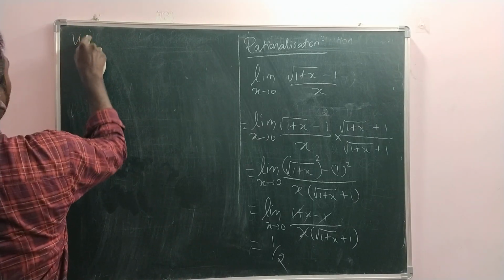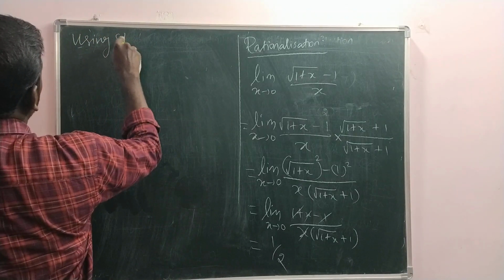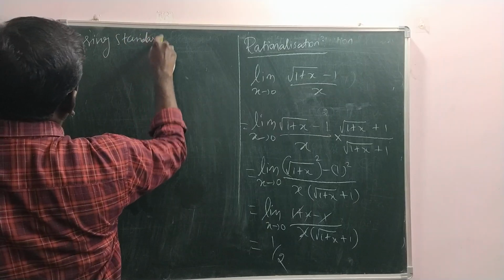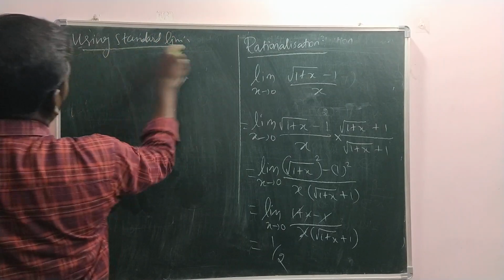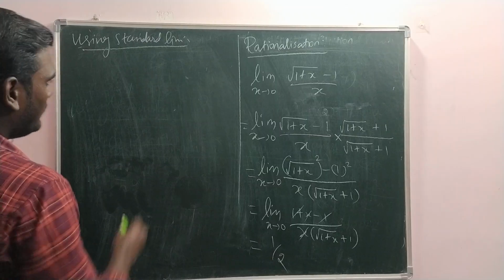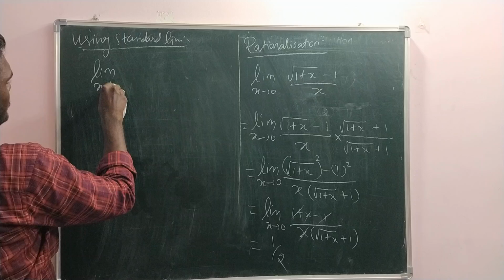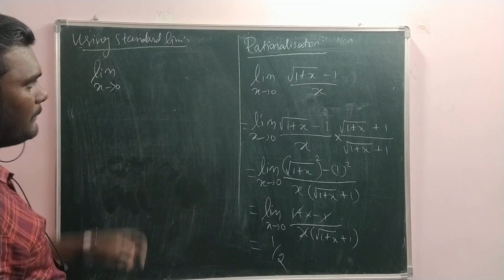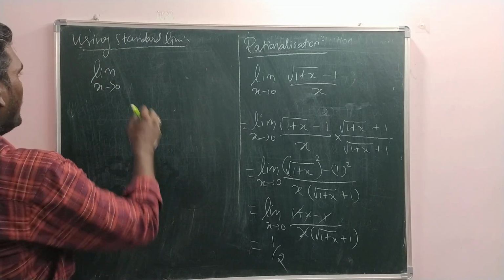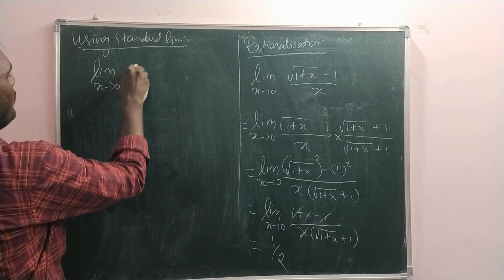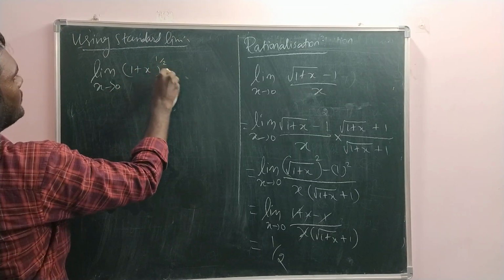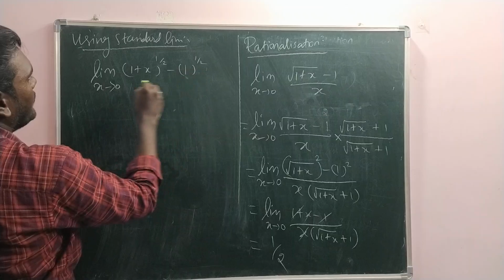Say using standard limits. How can we solve this using standard limits? Limit x tends to 0 of 1 plus x power 1 by 2 minus 1 power 1 by 2.